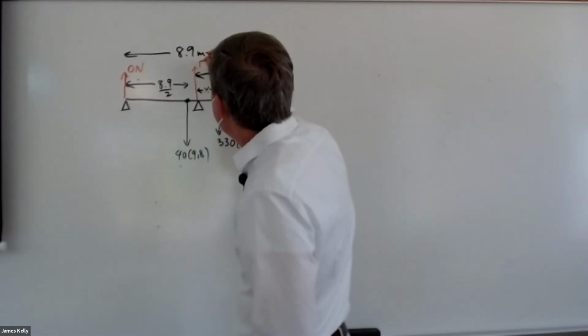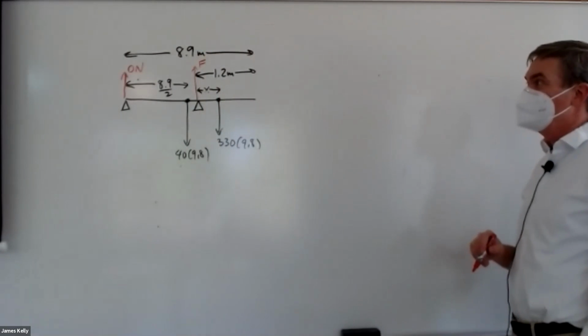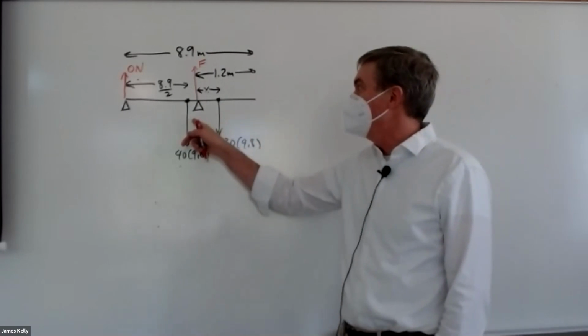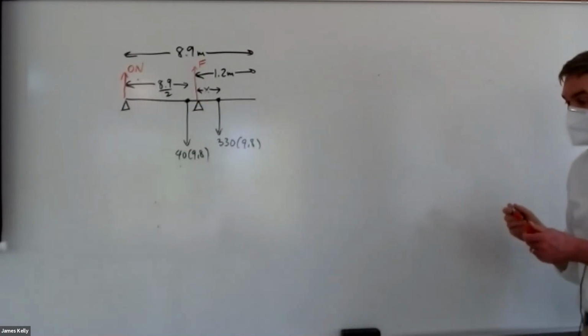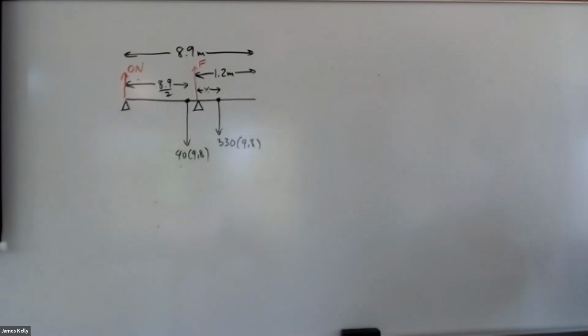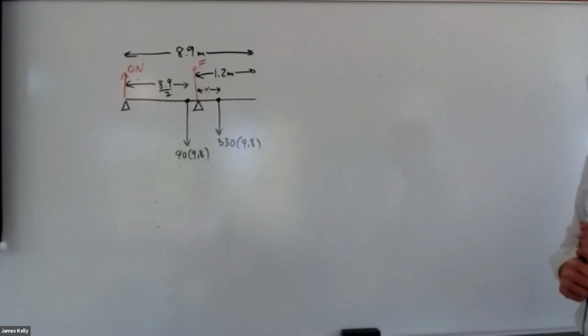I don't know what to call that. F. I'm trying to draw all the forces that are on it, right? There are 2 downward forces, and then the only thing that can push up are those 2 that are there. And I can do the sum of the forces equals 0, horizontally and vertically. And I can do the sum of the torques equals 0.